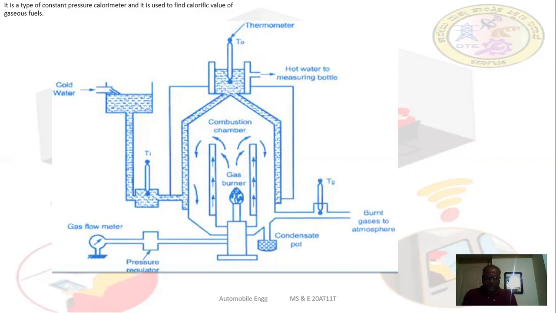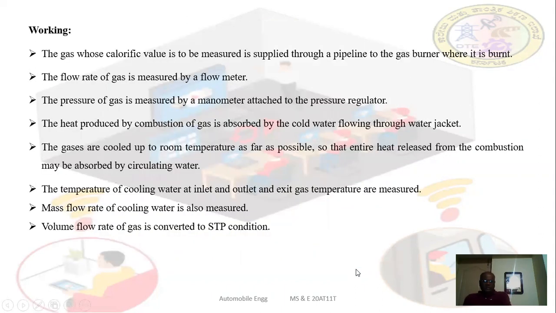Then, by making use of this arrangement, how will the calorific value of the fuel be measured? Okay, this is how. I have shown everything here. The gas whose calorific value is to be measured is supplied through the pipes to the gas burner where it is burned.